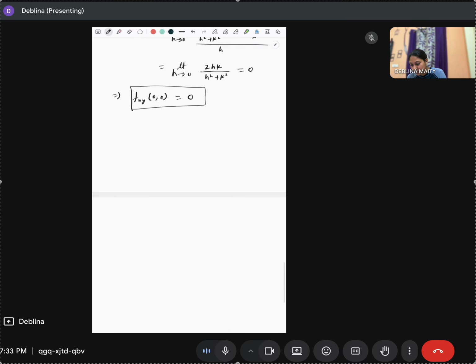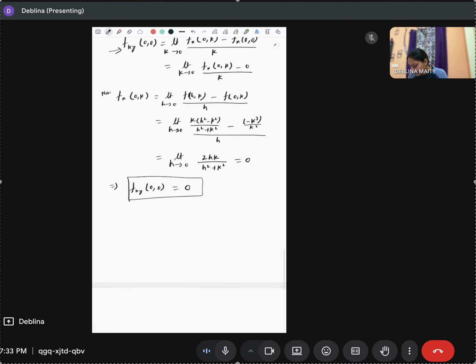So you have to find fyx now. It is the limit as h goes to 0 of fy(h,0) minus fy(0,0), divided by h. So we have to find fy(h,0), right?